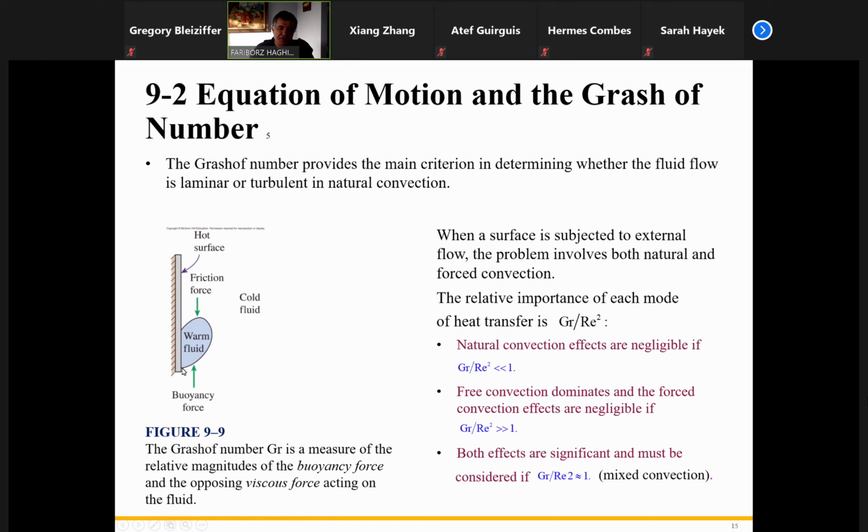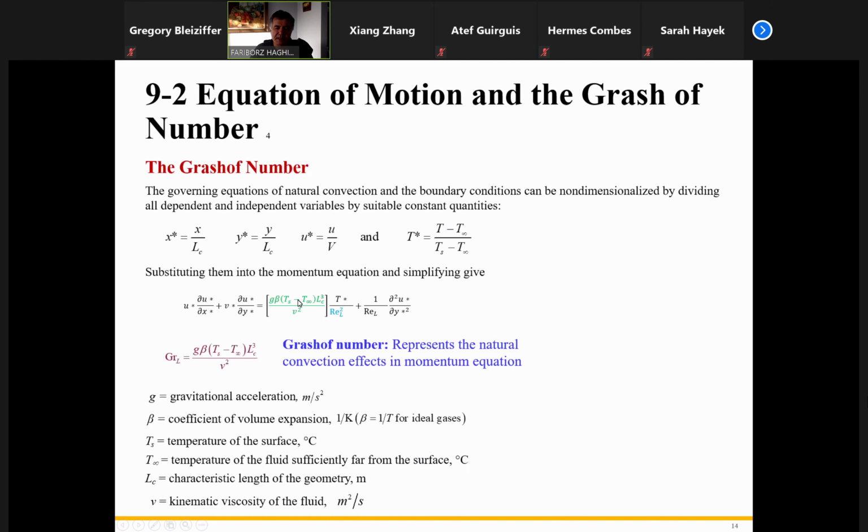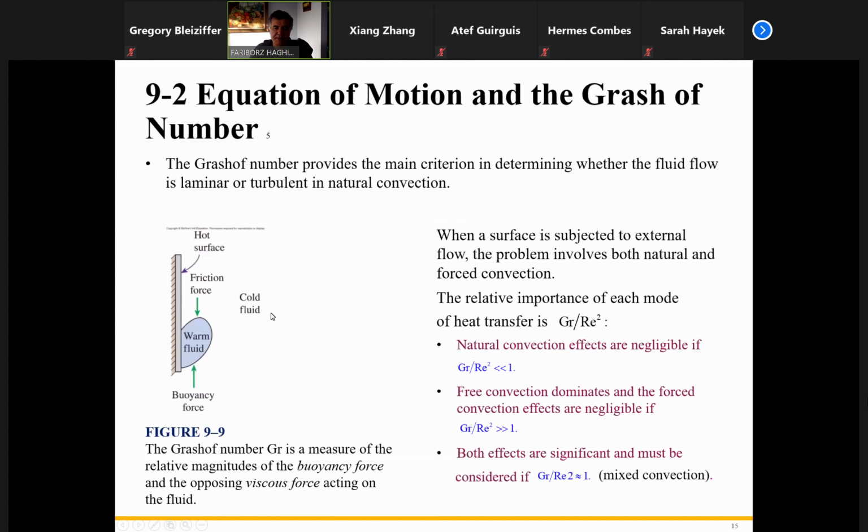The Grashof number represents the ratio of these two forces: buoyancy forces due to the temperature difference, to viscosity forces. It is the ratio of buoyancy force to friction force. If buoyancy is stronger, the fluid moves up. If not, there is no motion.